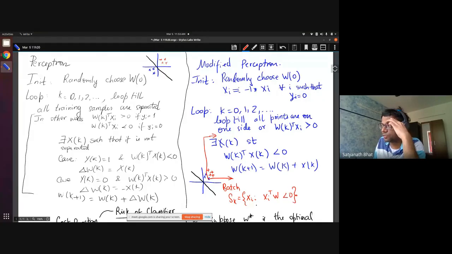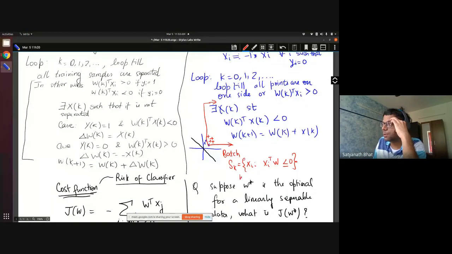I will collect all of them in one shot. Then WK plus 1 is going to be WK plus all the Xi's such that i belongs to SK. I will collect all the points and update at one shot. Does this make sense now?